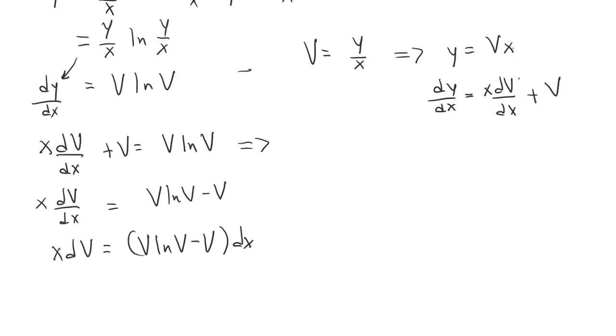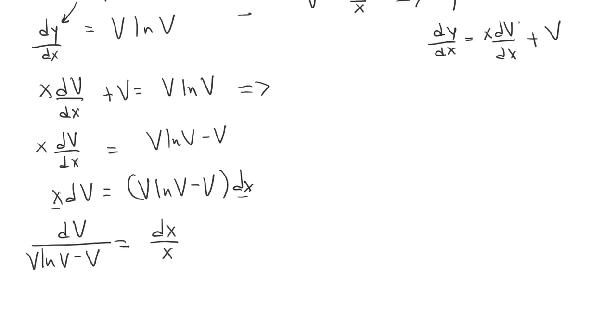What you'll notice is that change of variables is always going to end up like this, basically taking the inverse of both sides. So this is now going to be dv over v ln v minus v equals dx over x.